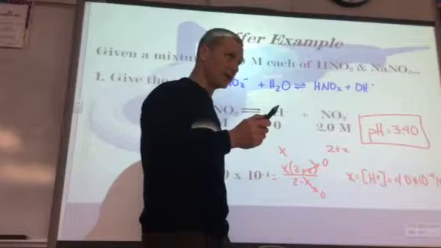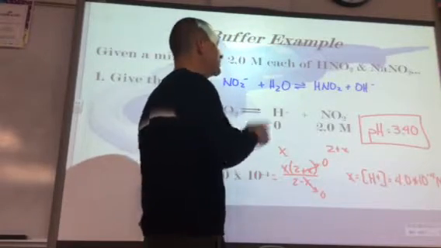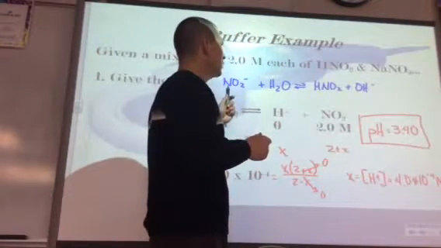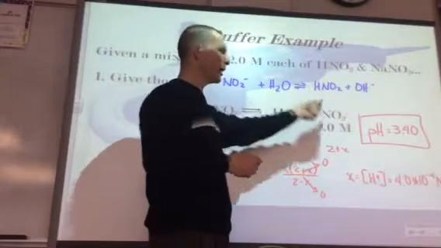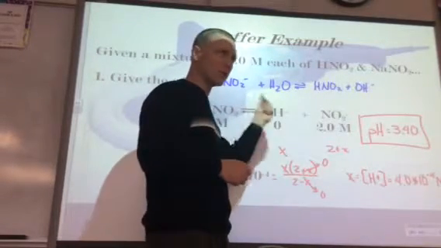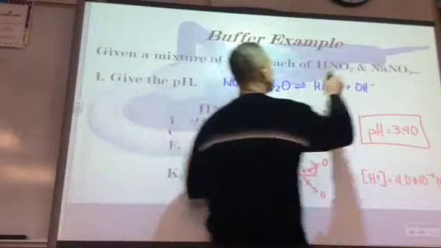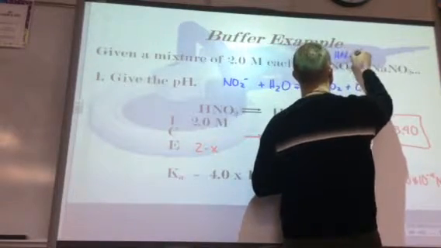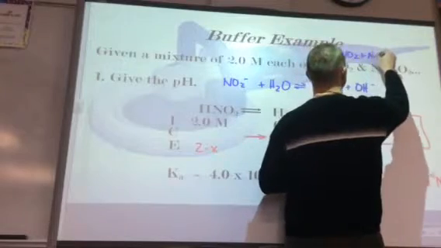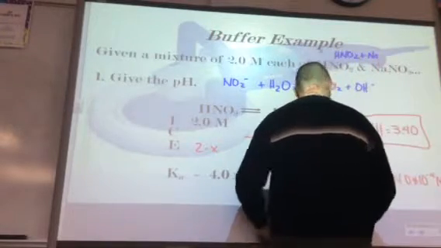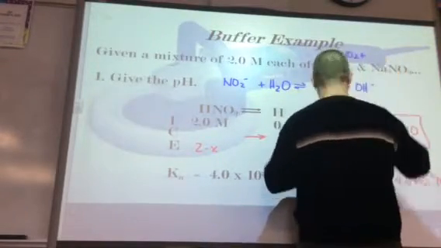You can put either one in. Just make sure that whichever one you put on the left, you put the other one on the other side of the equation. Don't react them with each other. Like you would not say HNO2 plus NaNO2. Or I'm going to leave the Na off. I don't want to see any spectators in these.